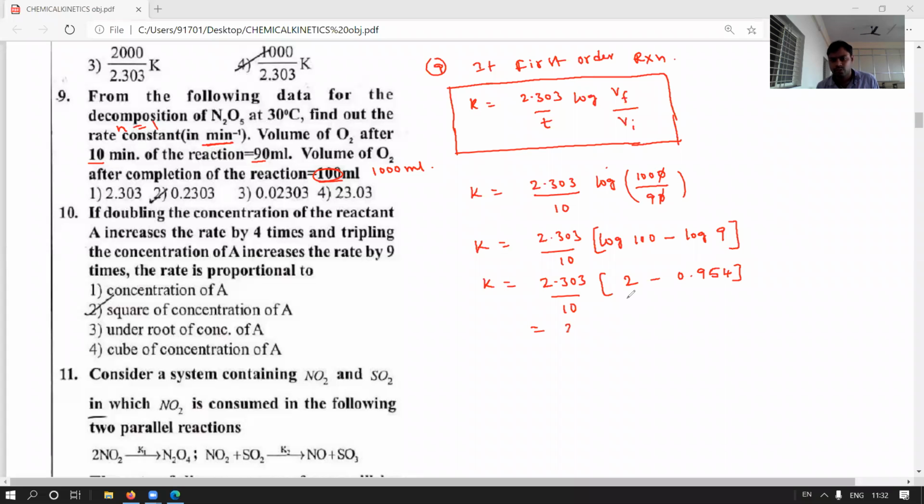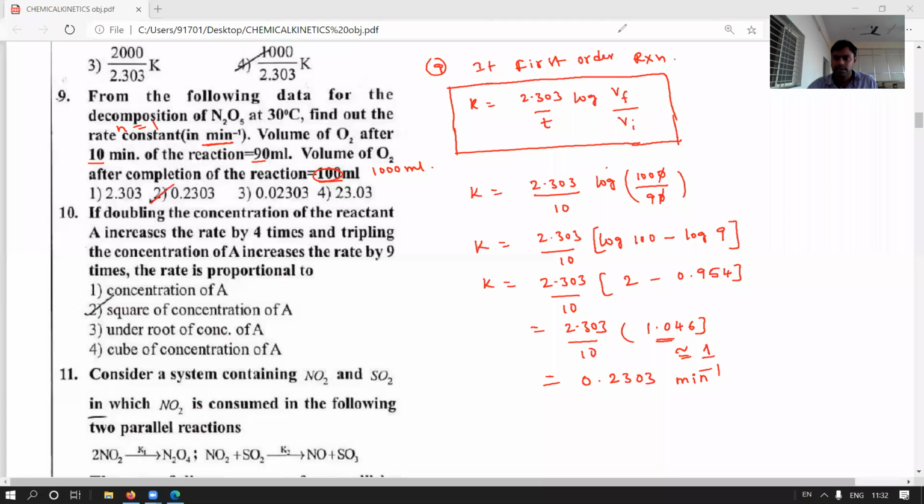So 2.303 by 10 into 2 minus 0.954 is nothing but 1.046. 1.046 is approximately 1, we consider this value as 1. Then the final value is equal to 0.2303 minute inverse. So the correct answer is the second option.